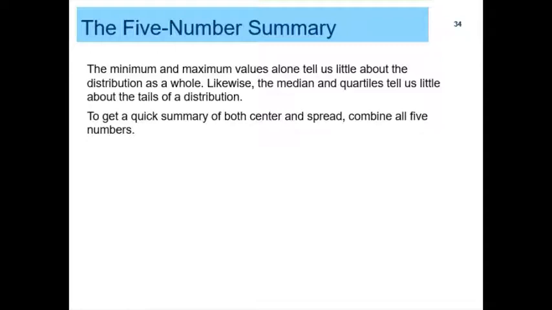This is very important because normally when we get data, we try to get the 5-number summary of the quantitative variables. The minimum and maximum values alone tell us little about the distribution as a whole, and likewise the median and quartiles tell us little about the tails of a distribution. To get a quick summary of both center and spread, we combine all 5 numbers.